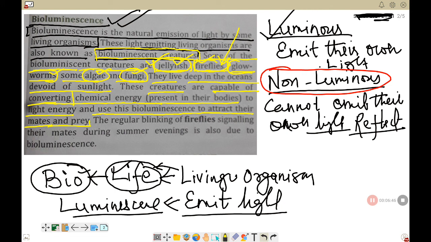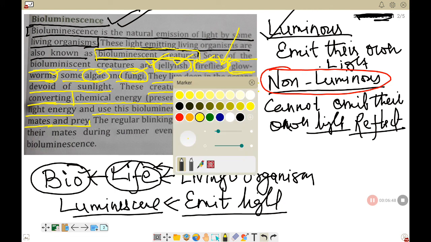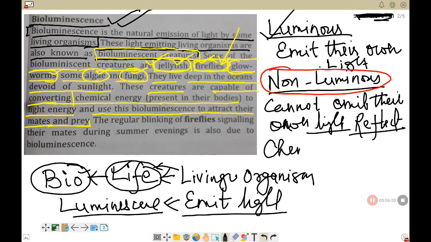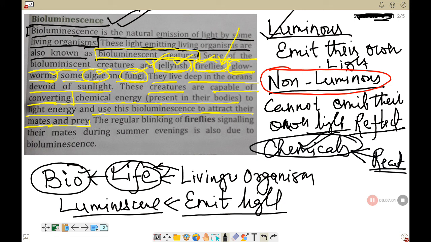So how are they producing their own light? By the chemicals they have in their body. So these creatures have some chemicals in their body, and these chemicals react among themselves and produce some light. So now we know how these creatures are able to produce light. Understand?